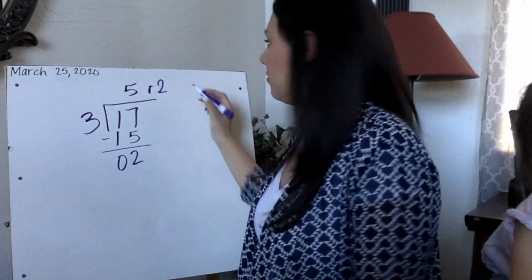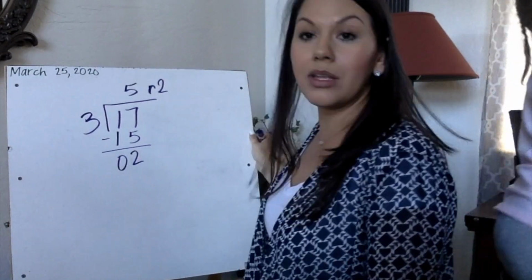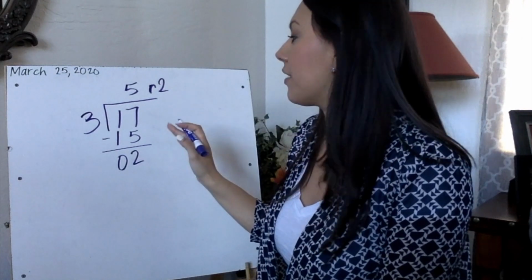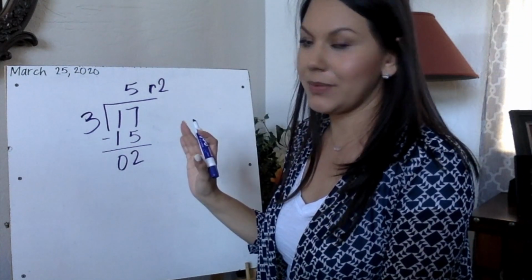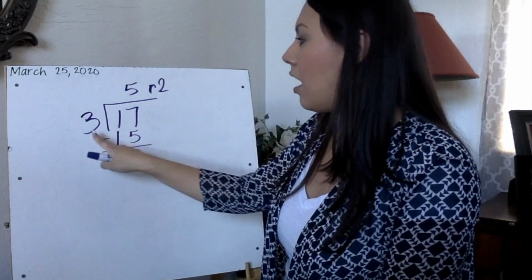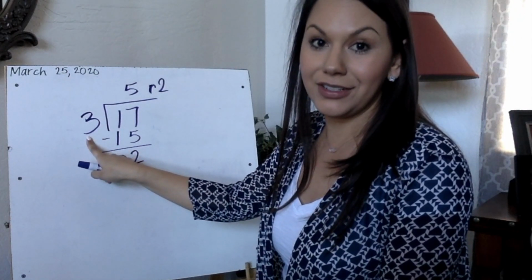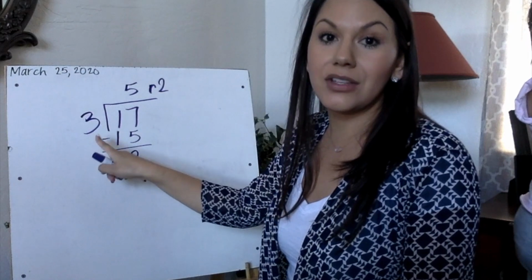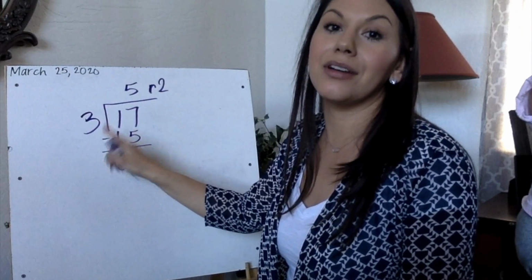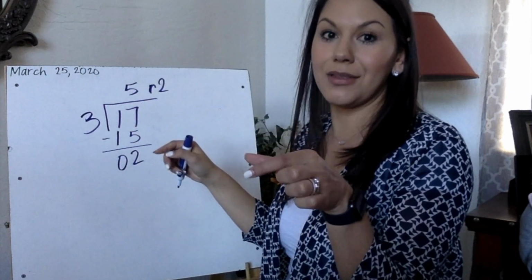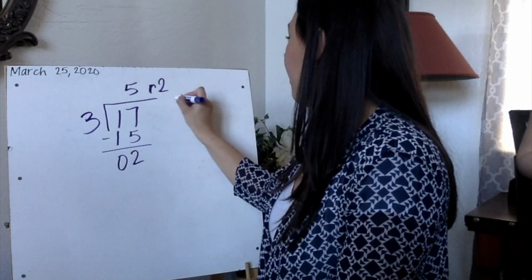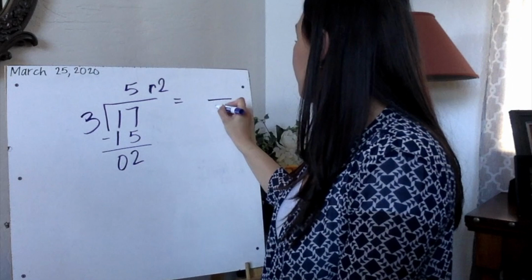Now let me show you how my quotient converts into a fraction. Okay? Look at it this way. Our divisor, if you remember from a few minutes ago, our S is on the bottom, comes after D, so it's going to be our denominator. So I'm going to have this equal here.